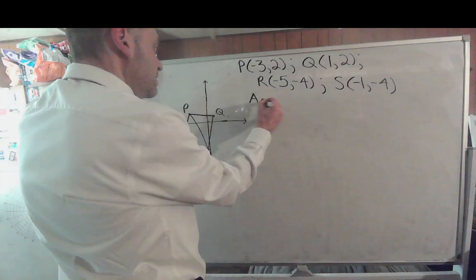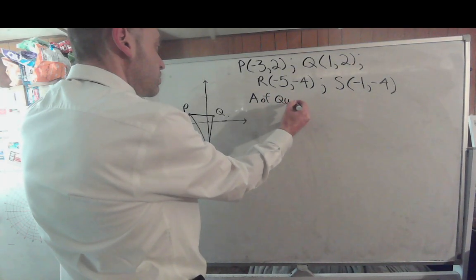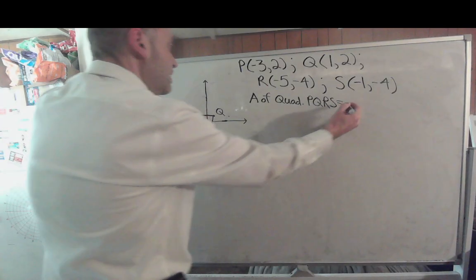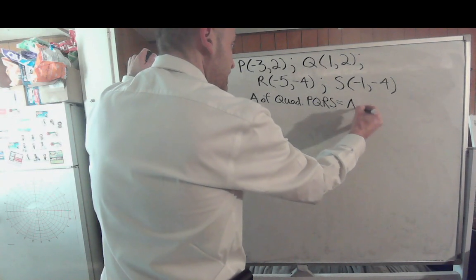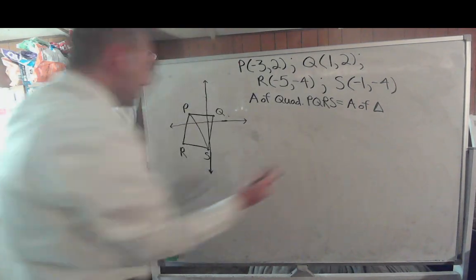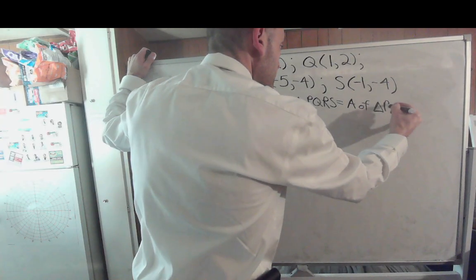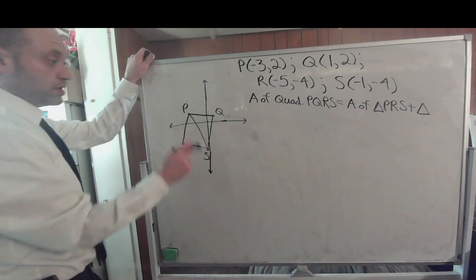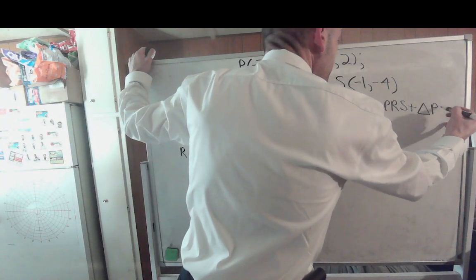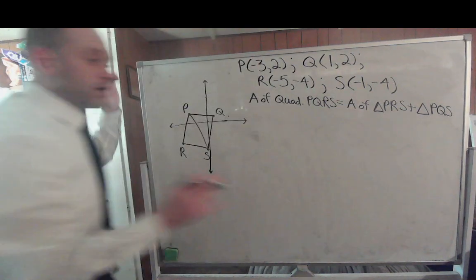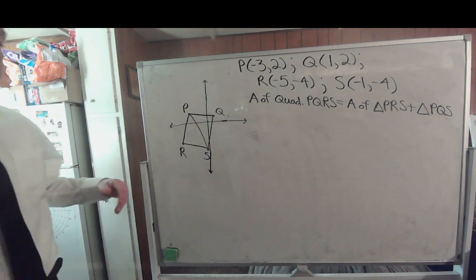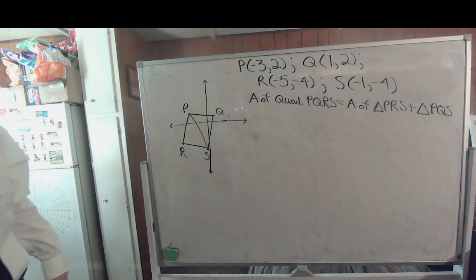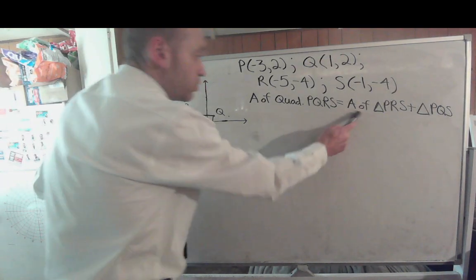So the area of quadrilateral PQRS equals the area of triangle PRS plus triangle PQS. Remember all the way back to geometry when we had the area addition postulate. If you have a figure split into 2 or more figures, the total area is just the sum of the areas. So that's how we can find the whole area of the quadrilateral.